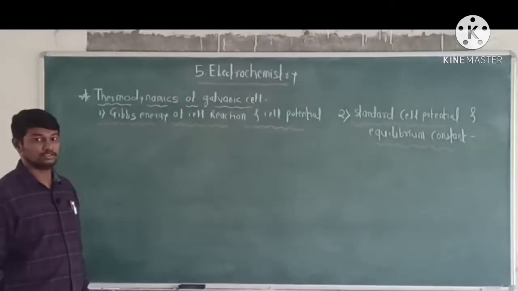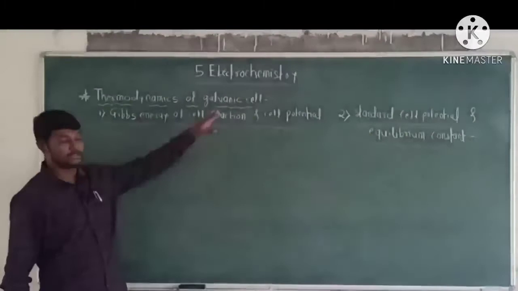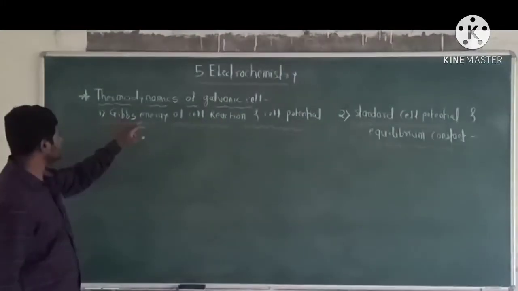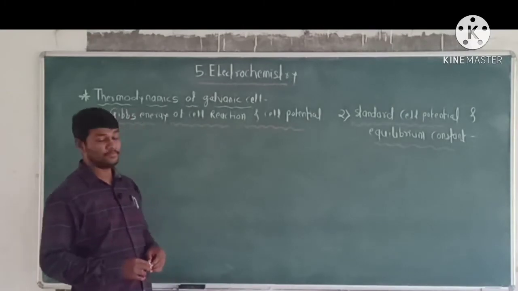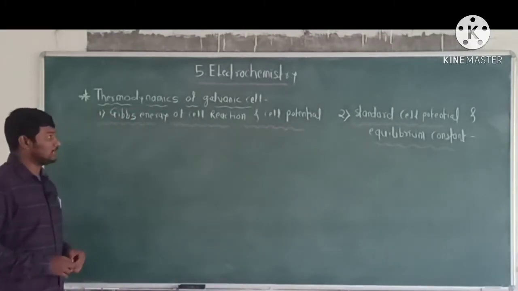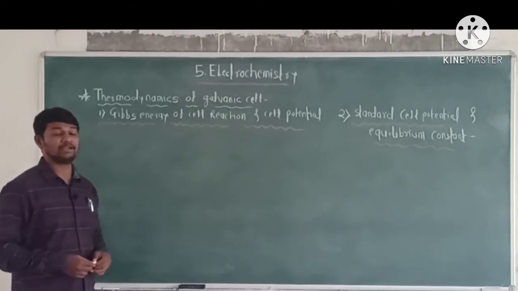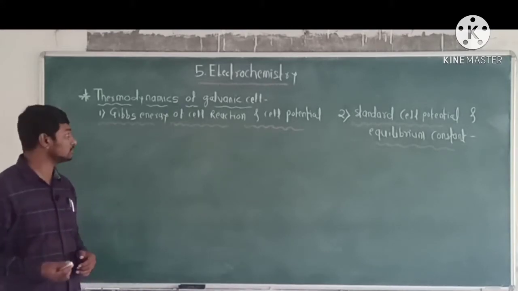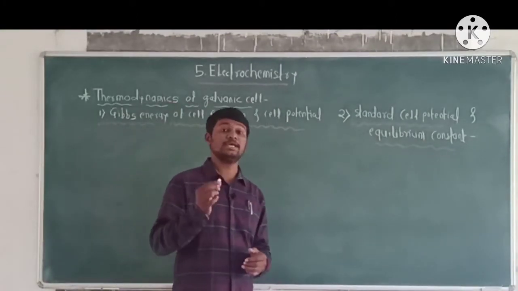The next point is the thermodynamics of the galvanic cell. First, Gibbs energy of the cell reaction and cell potential. The electric work in a galvanic cell is the electricity, that is charge passed into cell potential.